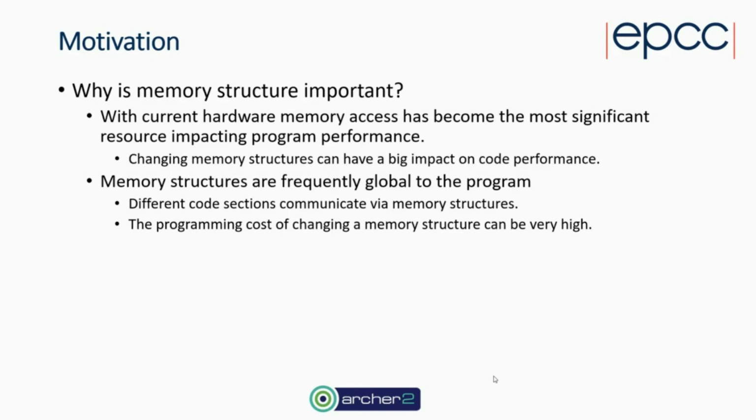And the thing about memory usage or data structures is of course there's no correct thing from a programming perspective. You can write a program in such a way that it produces correct results, but its performance is very poor just because it doesn't match the memory hierarchy or memory structure that the hardware has.